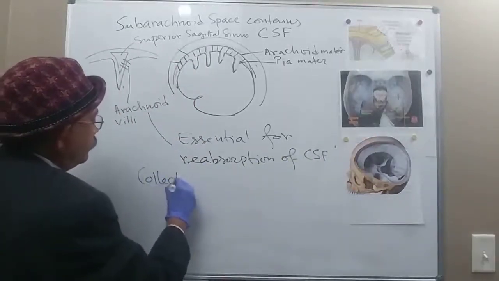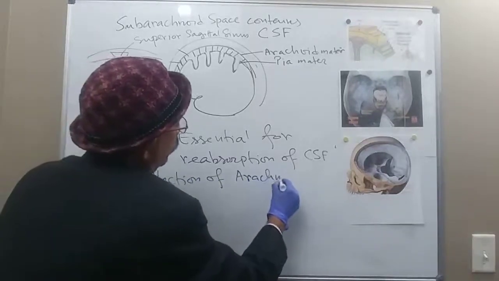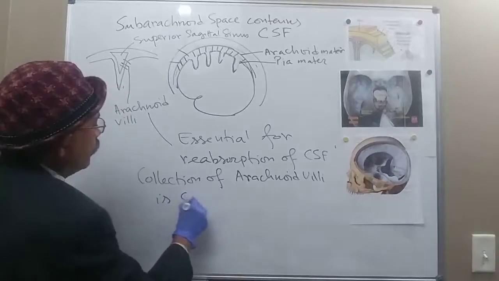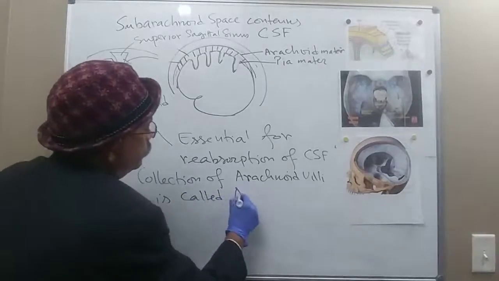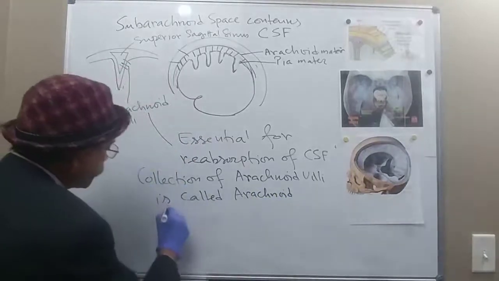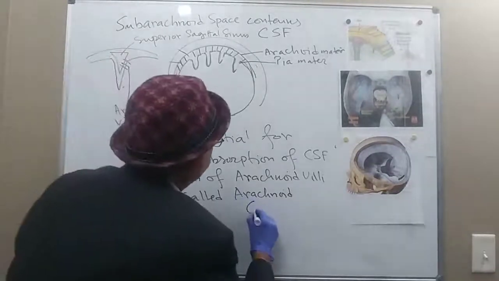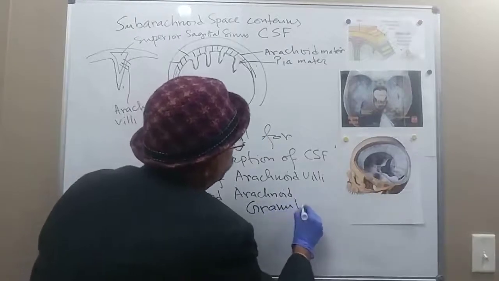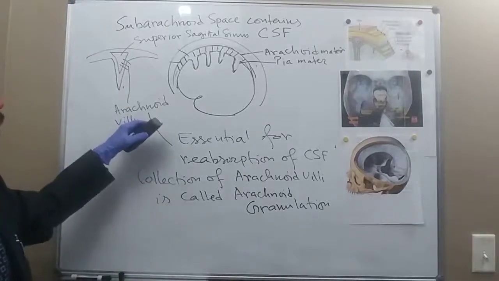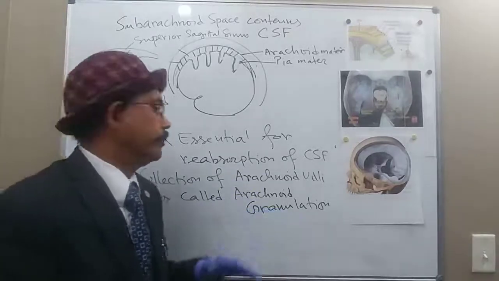A collection of arachnoid villi is called arachnoid granulation. So we are here now. The arachnoid villi, a collection of arachnoid villi, is called arachnoid granulation.